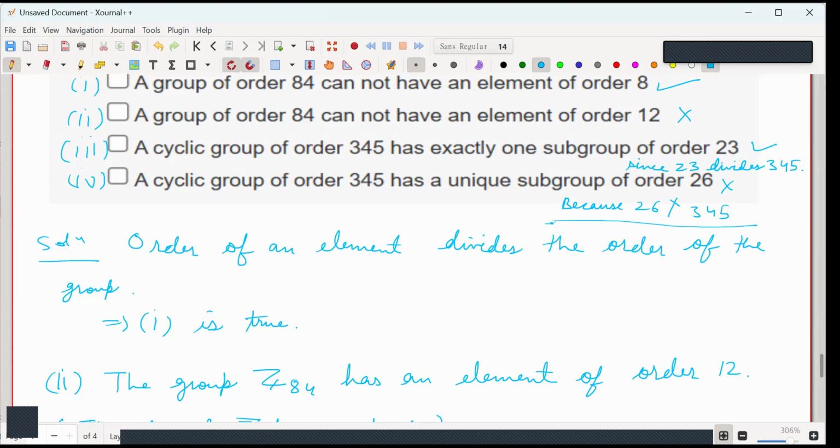Subgroups of Zn are precisely given by divisors of n, and there is a unique subgroup for each divisor. So since 26 does not divide 345, there won't be any subgroup. Okay.